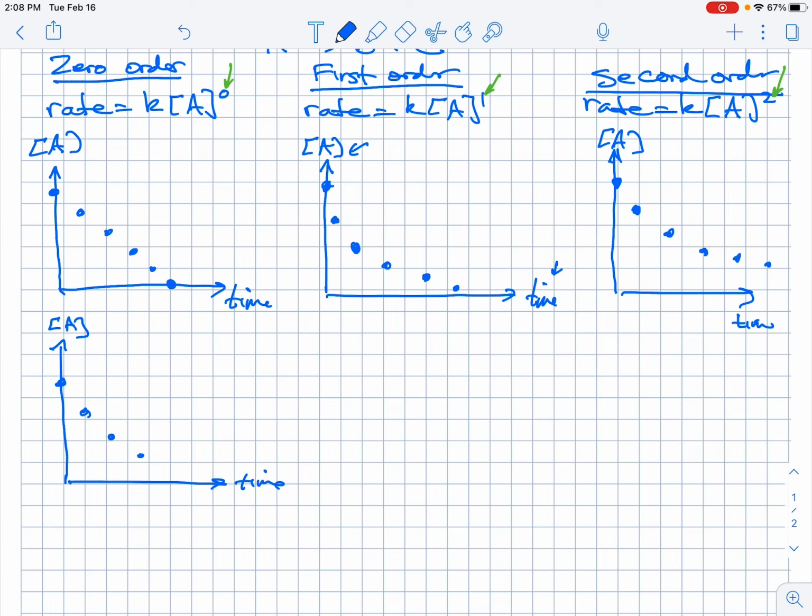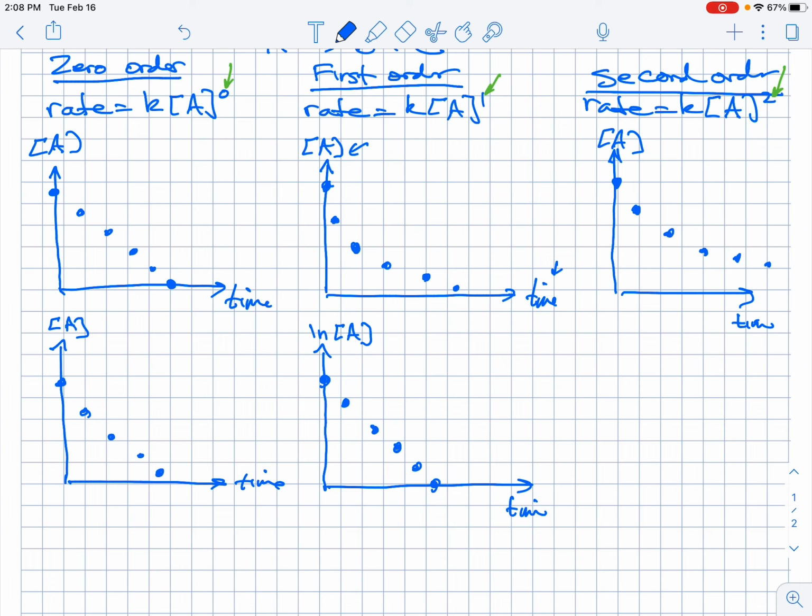It turns out for first order reactions, we have to graph the natural log of the concentration, ln, versus time. If you're not super comfortable with logarithms, for right now, it's just a button on your calculator. It's called ln. It looks like an I, but it's an L, I promise. The ln versus time is going to give you a straight line.